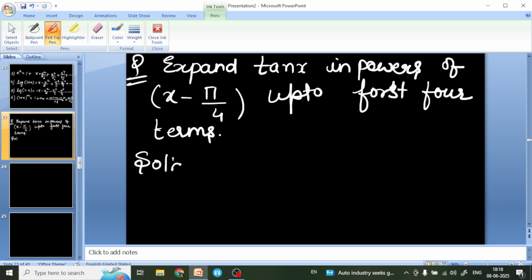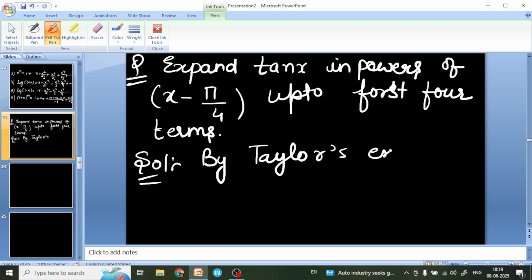How to solve it? First of all, we use Taylor's expansion method.